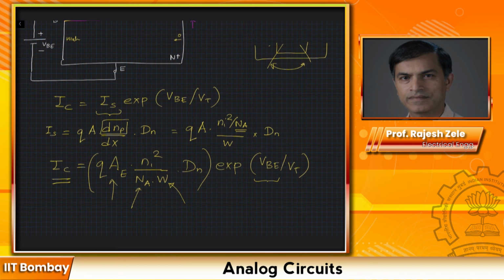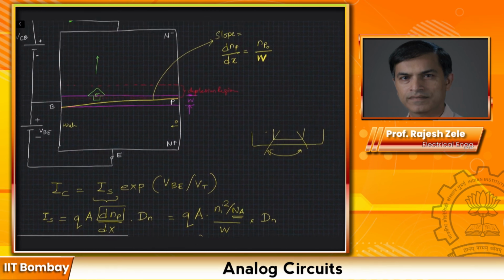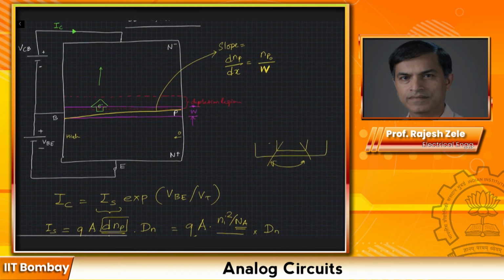Let's talk about, we only talked about collector current now. There are two other pieces of carrier transport happening, one in the base region and one in the emitter region. One is there is a diffusion of holes in the emitter. So let's write down over here, holes diffusing in emitter. Let's call that IB1.